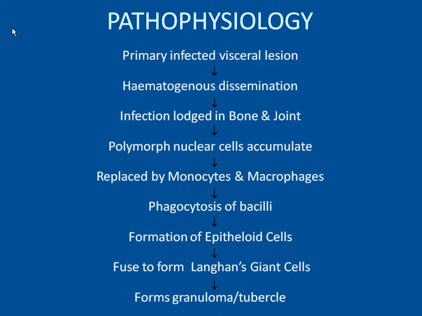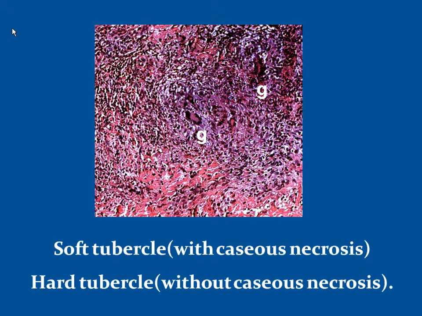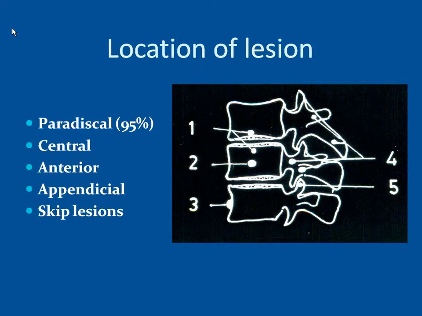And there is a formation of epithelioid cells, which again fuse to form Langerhans cells, or form a granuloma or a tubercle. So there could be a soft tubercle with a caseous necrosis, or there could be a hard tubercle without caseous necrosis. And basically, in most of the bacteria, they settle down in a paradiscal region.